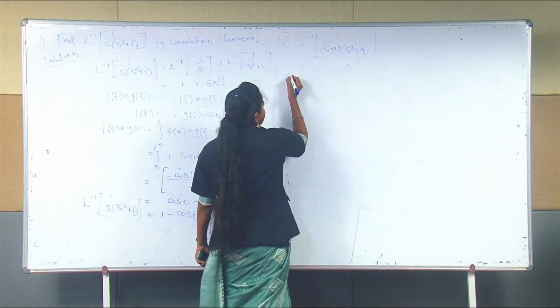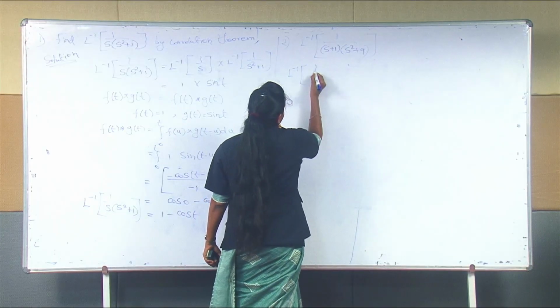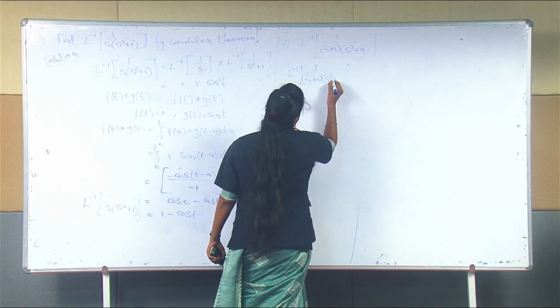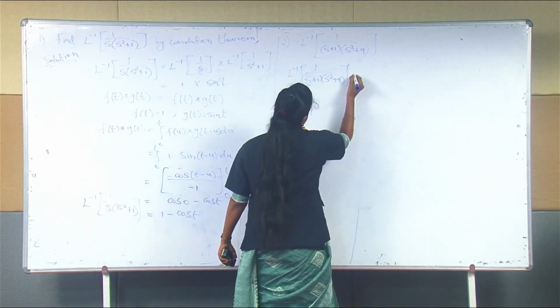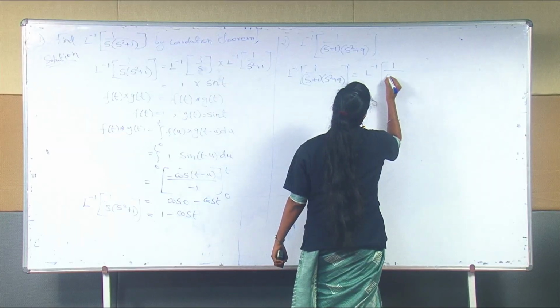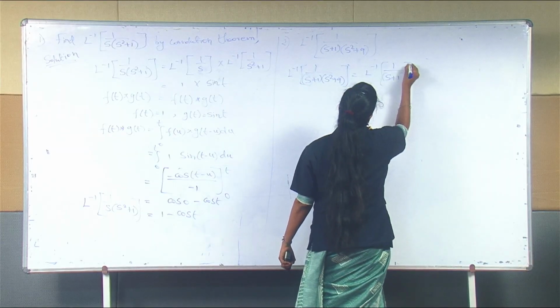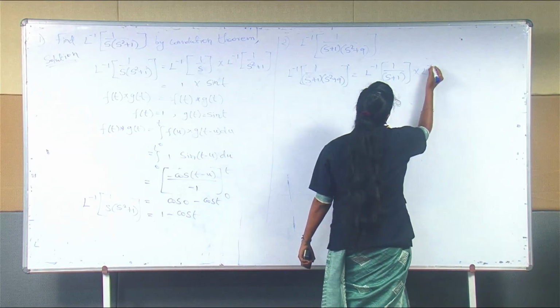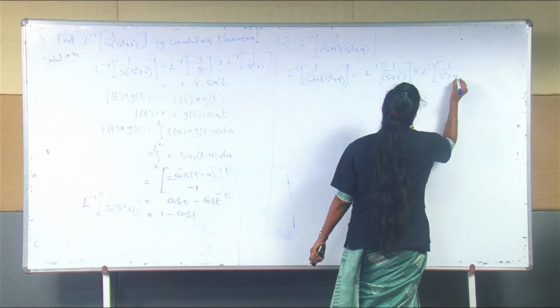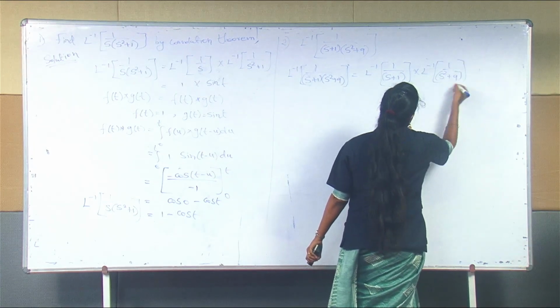Same idea only. So we are going to separate this function as Laplace inverse of 1 by s plus 1 into Laplace inverse of 1 by s square plus 9. Okay.